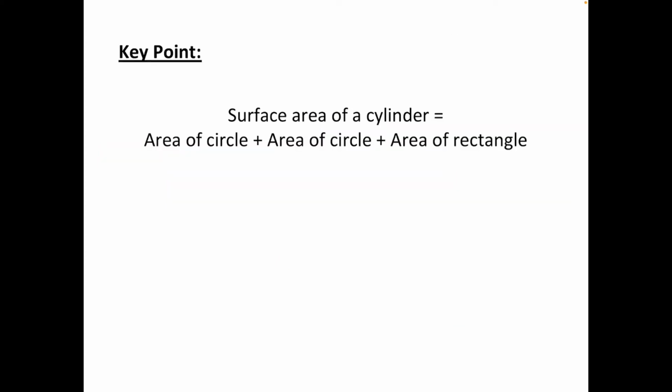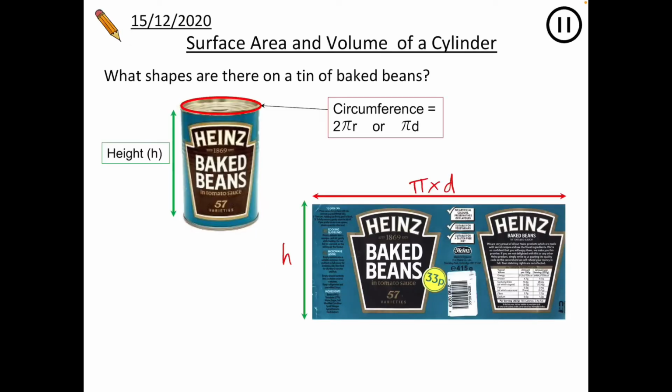That tells us that our general equation is the area of the circle plus the area of the circle, and that is the same circle. So we're going to have pi r squared and pi r squared, which combines to give us 2 pi r squared. We've then also got the area of the rectangle. The area of the rectangle is going to be the height multiplied by pi times diameter.